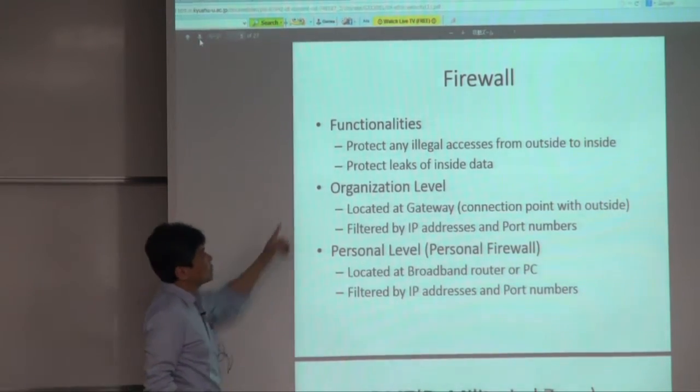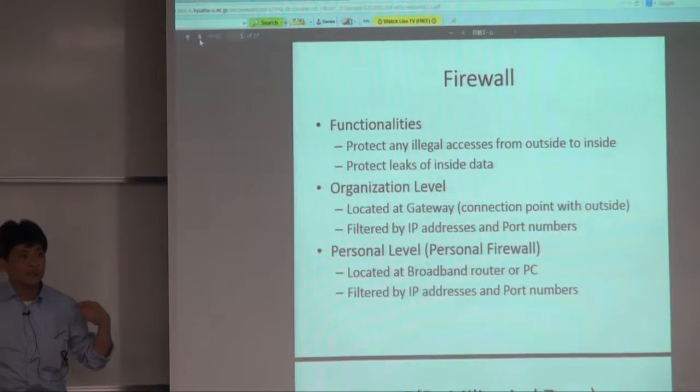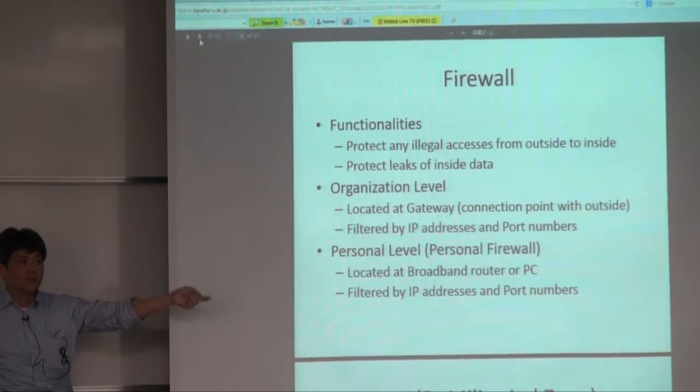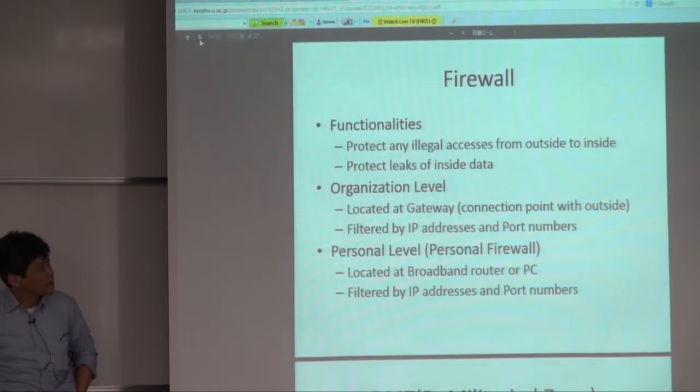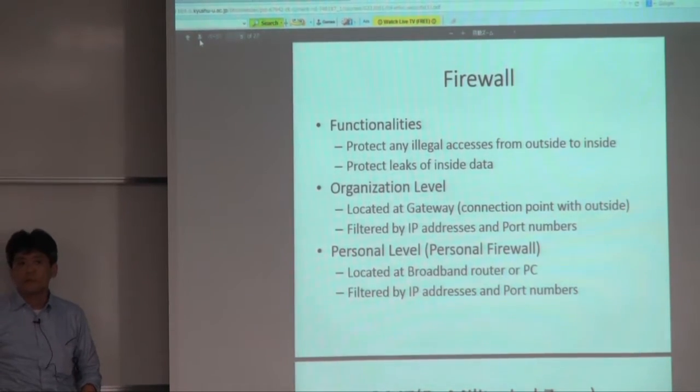Okay, so as shown here, especially from outside to inside, a bad person located on the outside sometimes wants to illegally access the inside, the local area network. To protect against such illegal access, firewall software is usually used.